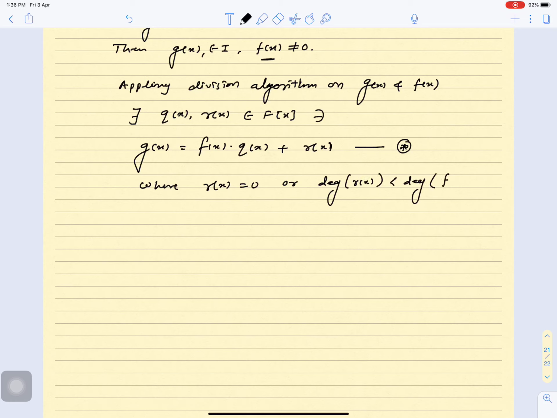And g(x) belongs to I, it is some polynomial.